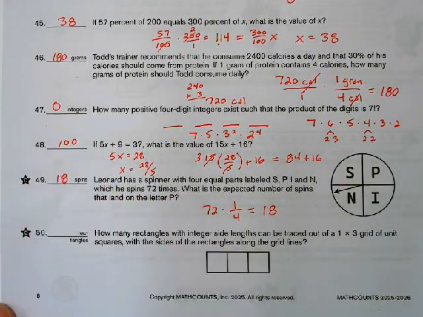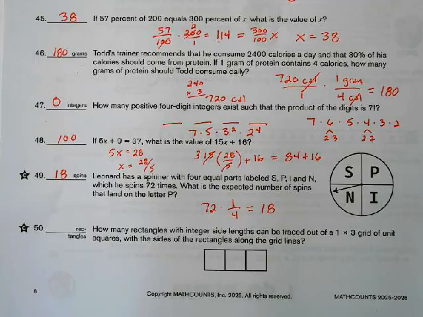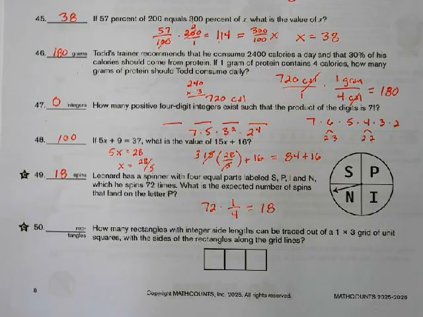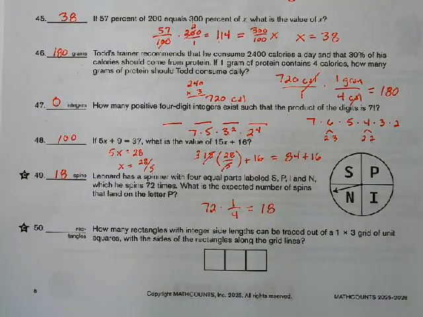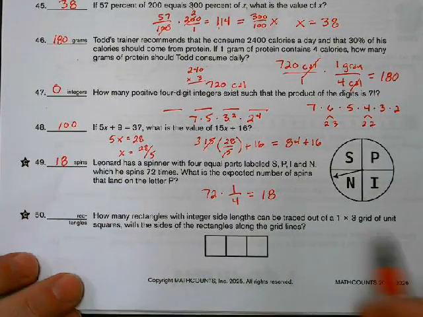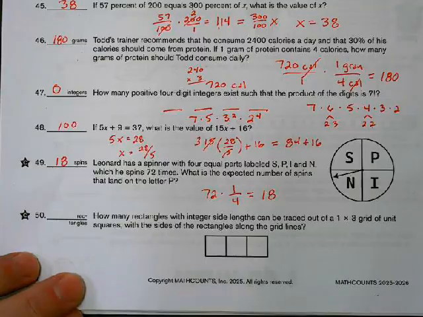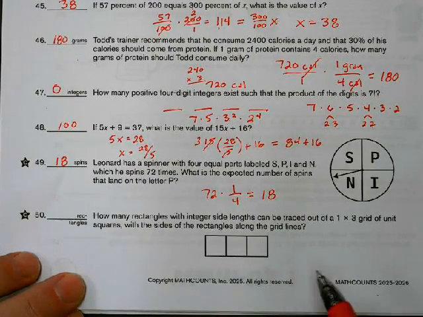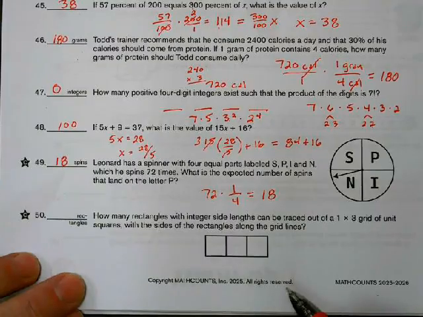All right, we are down to number 50. So on 50, how many rectangles with integer side lengths can be traced out of a 1 by 3 grid of unit squares with the sides of the rectangles along the grid lines? Okay, so you just have to remember on this one that squares are rectangles. Squares are a type of rectangle.